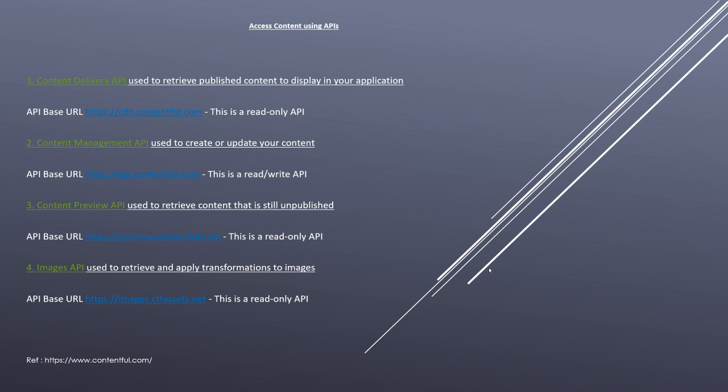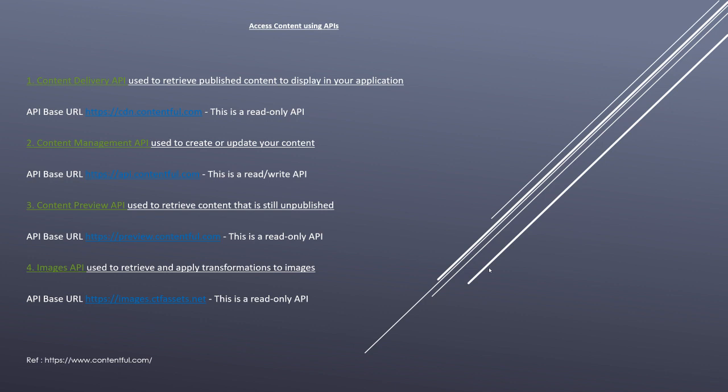That is read only. The next one is the Content Management API, which is used to create or update your content. That means this Content Management API is predominantly used by content authors from the business.